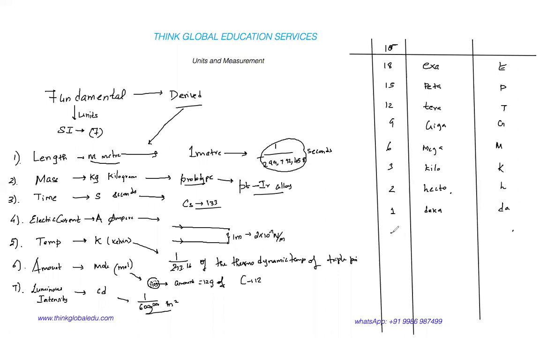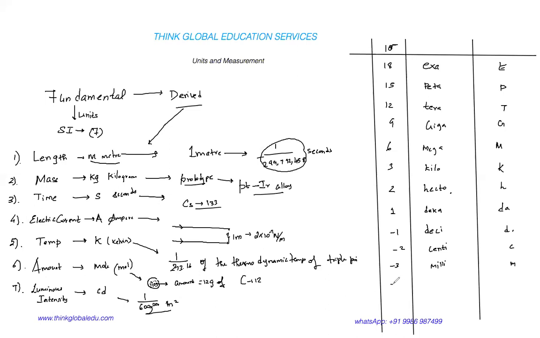And -1 is deci, represented by small d. Then -2 is centi, which we represent as c, as in centimeters. And -3 is milli, which we represent as small m.